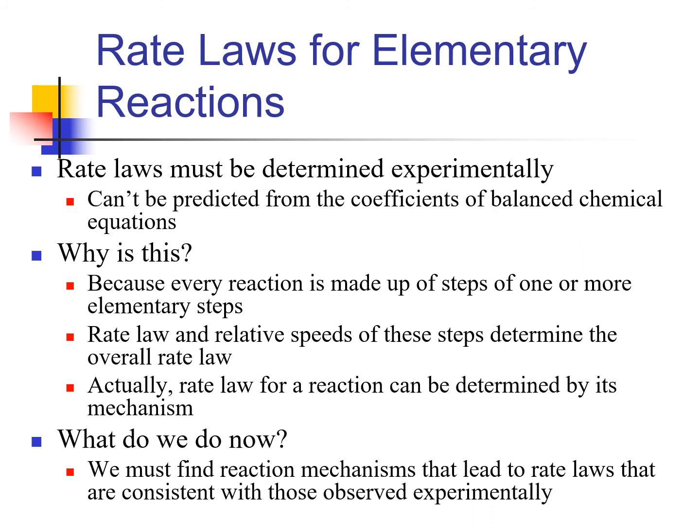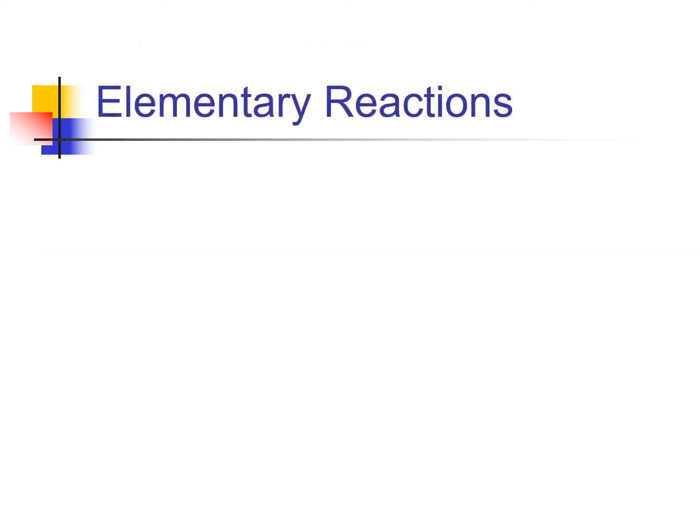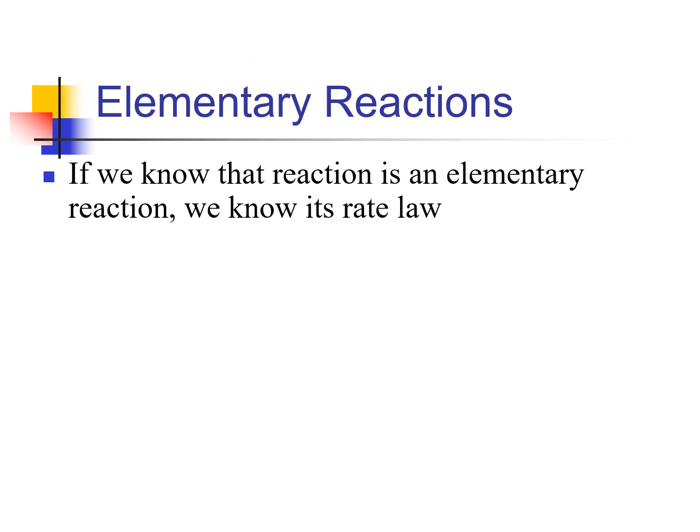So what we need to first find is what reaction mechanisms lead to the rate laws so that they're consistent with what we observe experimentally. This is actually a way we can see if our multi-step mechanism is reasonable. If the multi-step mechanism gives us the rate law we expect, it's reasonable. So if we know that a reaction is elementary, we know its rate law.